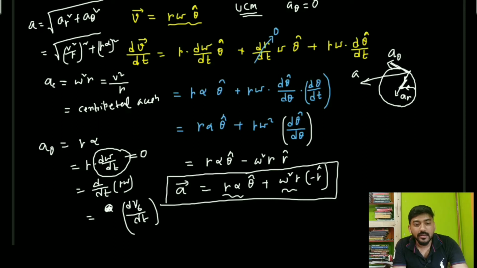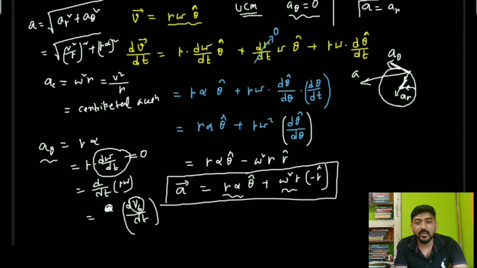Or you can say the tangential speed is constant. So in that case vt is constant, that means dvt by dt is equal to 0. So with both the logic, you can conclude that a theta is equal to 0 for uniform circular motion. So uniform circular motion can be characterized by omega equal to constant, or the tangential speed vt equal to constant, and these two things will give you the same conclusion, that a theta will be 0, and when a theta is equal to 0, then you will finally land up simply with a equal to ar.